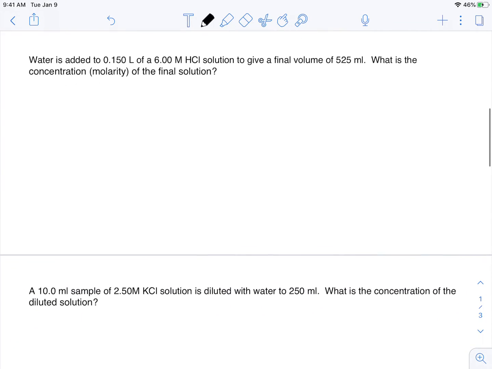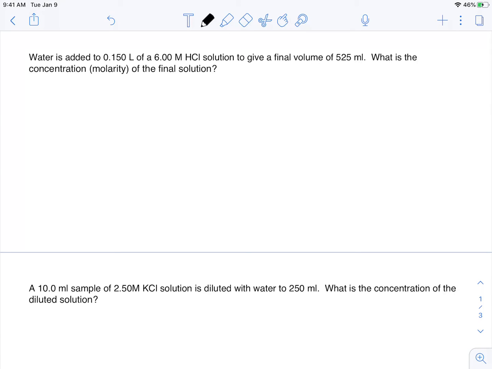Moving on to the second example. So we have water added to 0.15 liters of a 6.00 molar HCl solution to give a final volume of 525 milliliters. What is the concentration, molarity, of the final solution? So let's write down what we know in this case. So stock, and we have final.